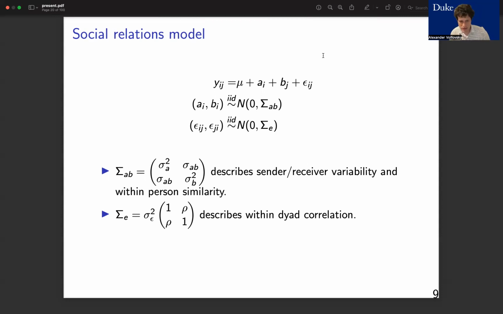Furthermore, you might want to build in some kind of reciprocity. So if we're dealing with directed connections, if I say that I'm your friend, it's more likely that you will say that I am your friend. And so this type of dyadic correlation can be introduced by adding a correlation in these epsilon_ij terms that's captured over here.